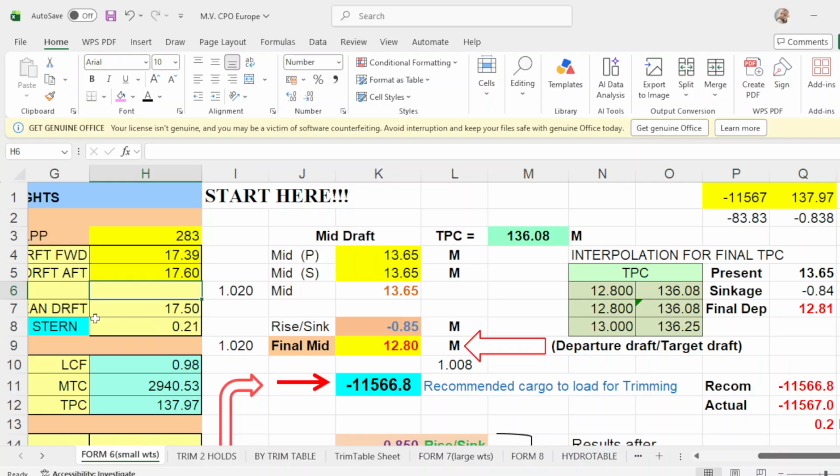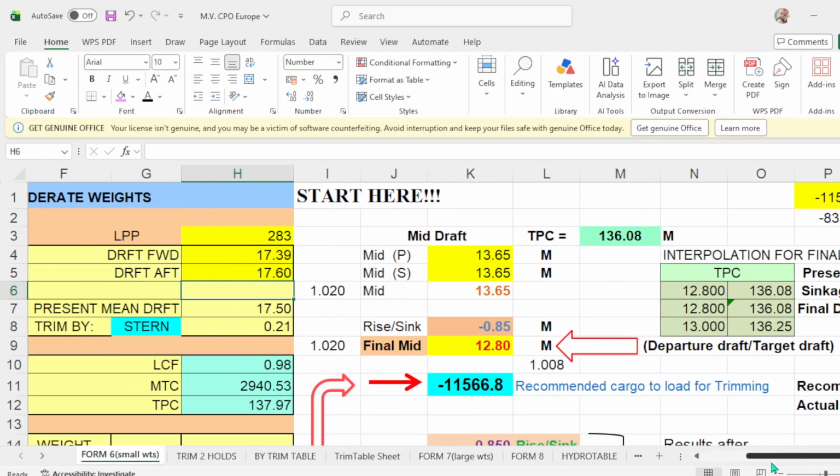Okay, your main drop is 1750. So you put here actual loading after actual mid port is 1750.